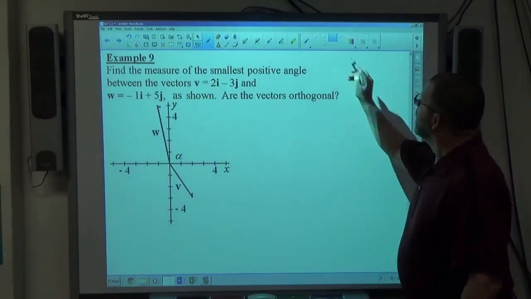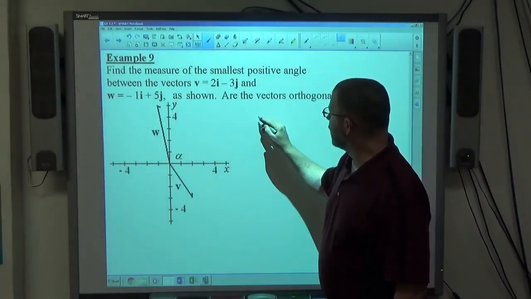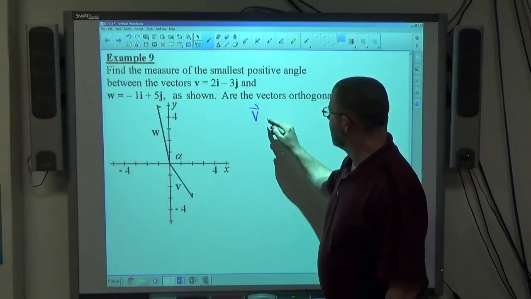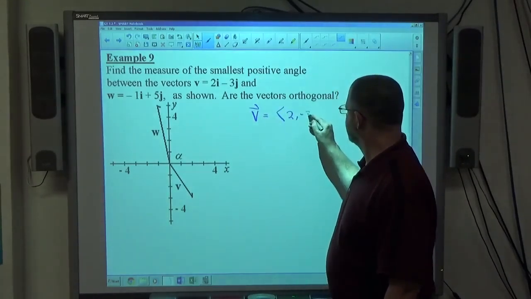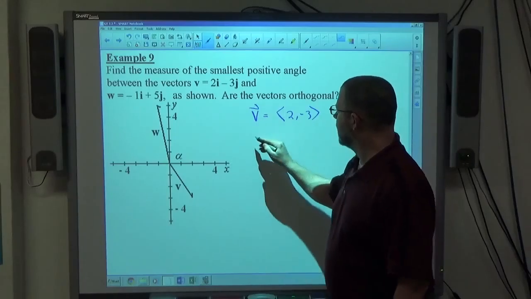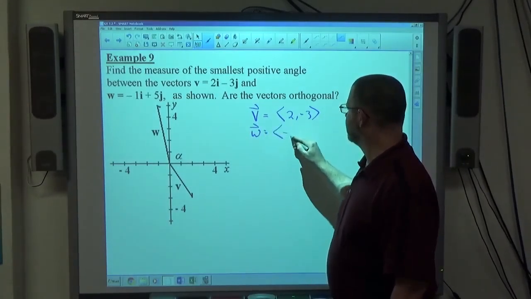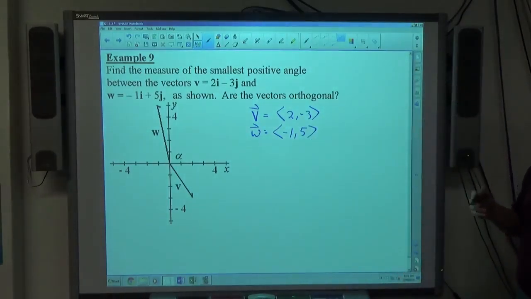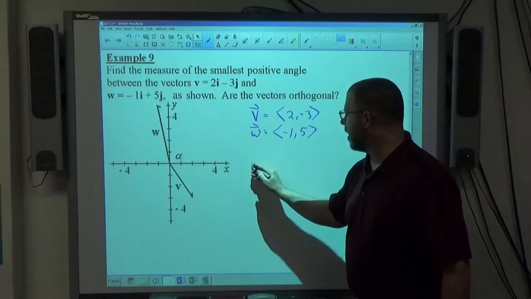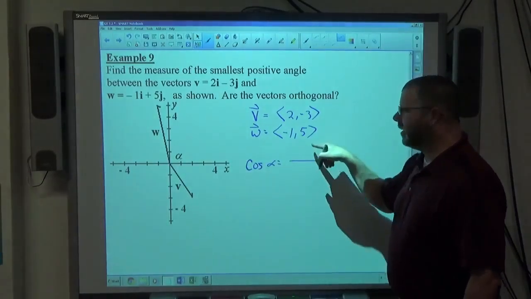So, if we take a look, vector v is 2i minus 3j. Go ahead and write it in component form. And w is negative 1i plus 5j. So, going to this formula, it tells me that cosine of alpha is going to equal v dot w on top.